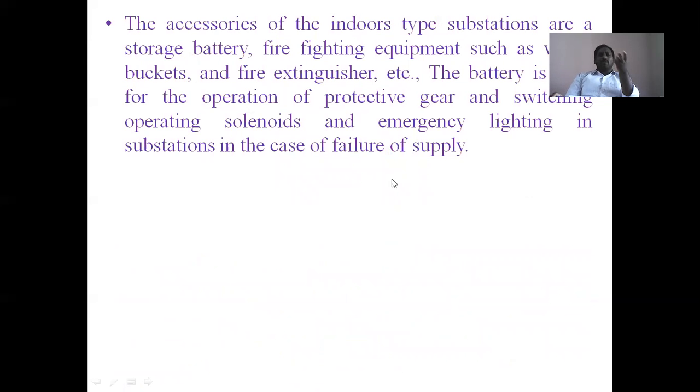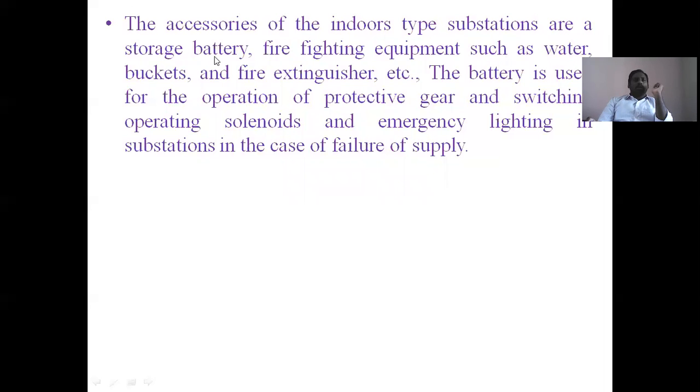Along with this, some accessories are also there in the indoor type substation. They are the storage battery. This storage battery is necessary for showing the voltage, current, power, and frequency measurements.